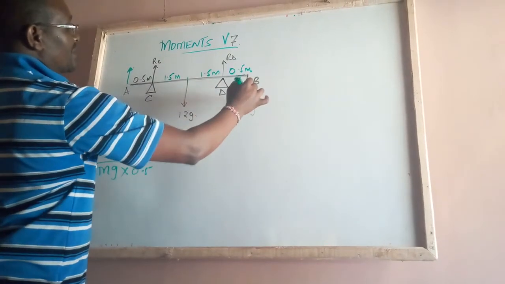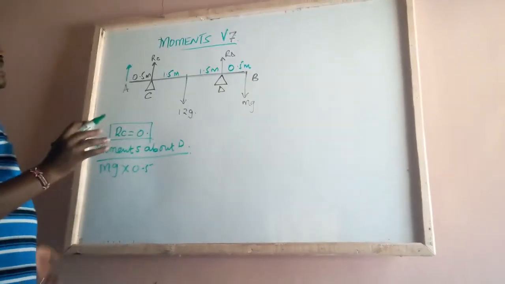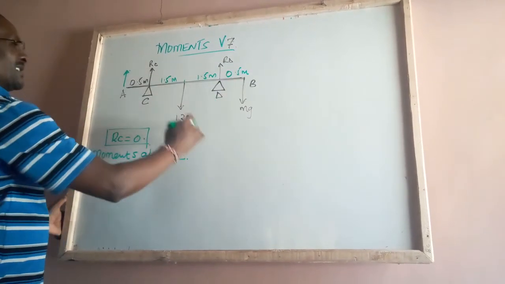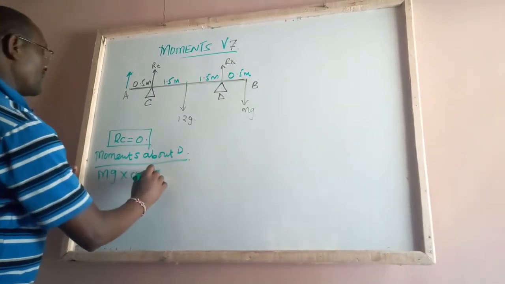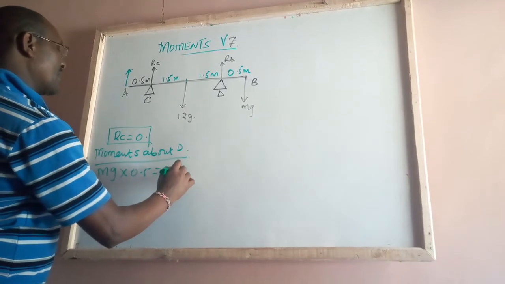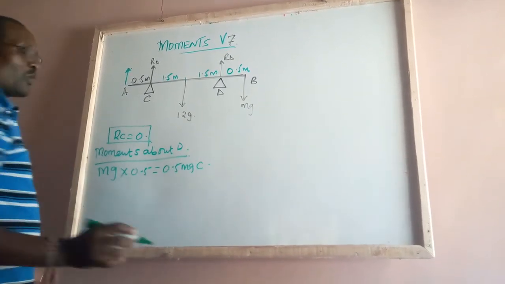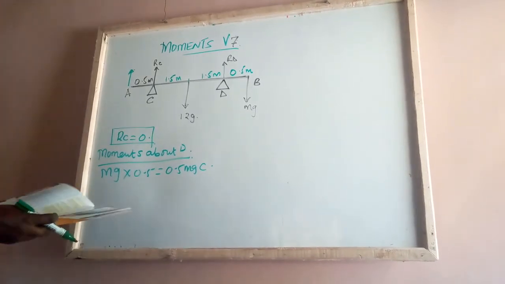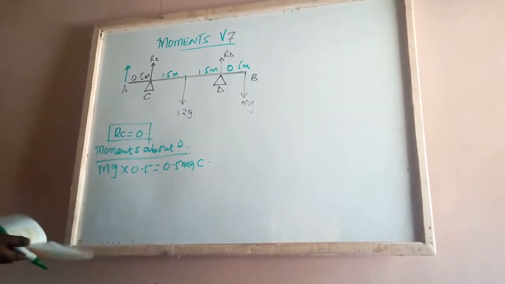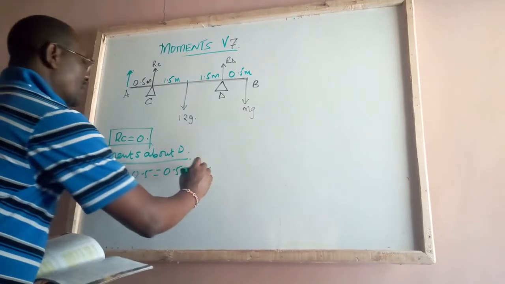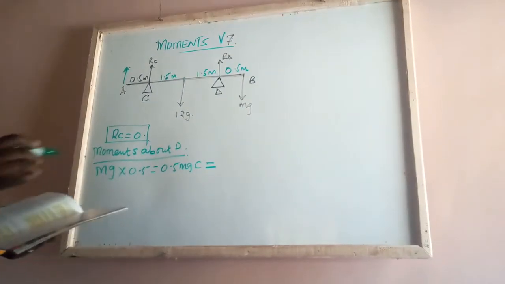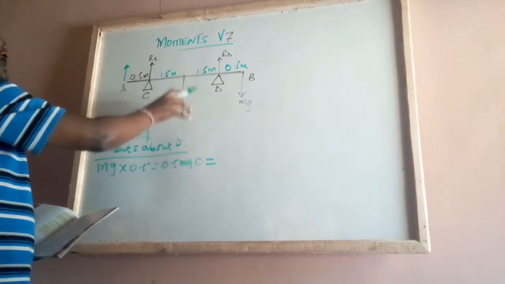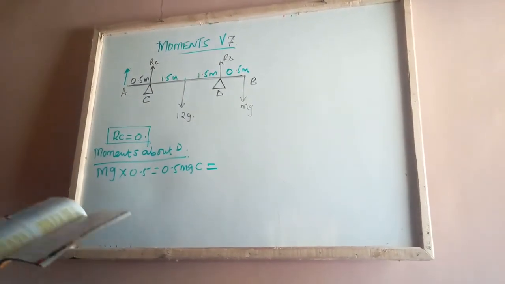The moment due to mg about D is 0.5 mg, of course clockwise, and this must be equal to the moment about D due to the mass of the rod, which is anti-clockwise.